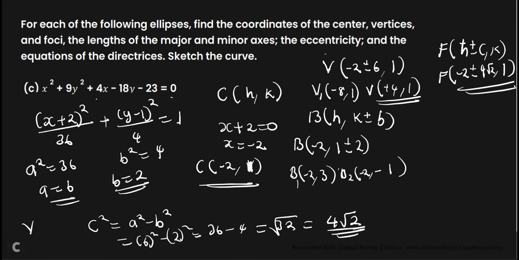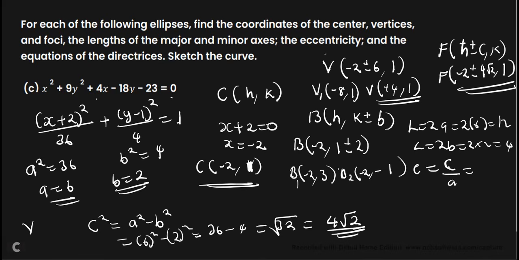What else do we remain with? The major length here is 2a, what is your a? That is 6, that is 12. Then what else? The minor length there is 2 times 2, which is 4. Then the eccentricity in this situation will be c over a.